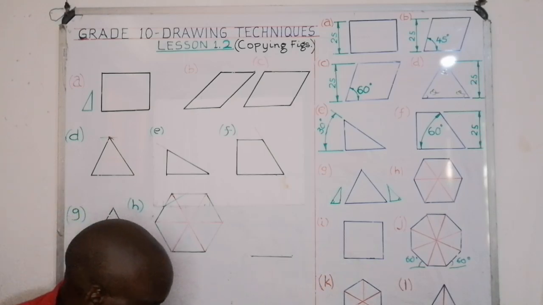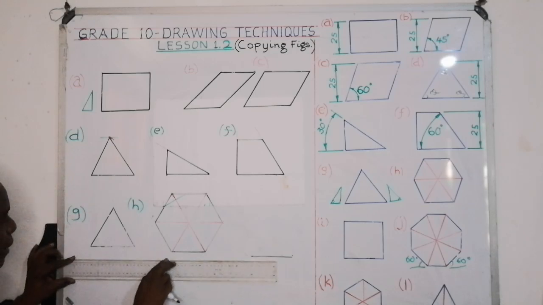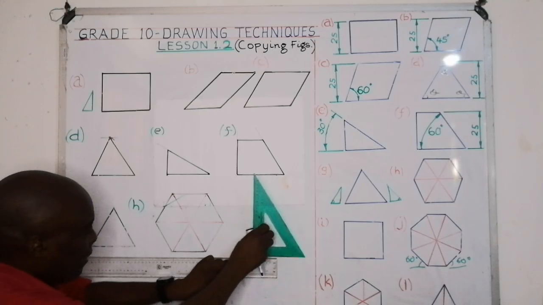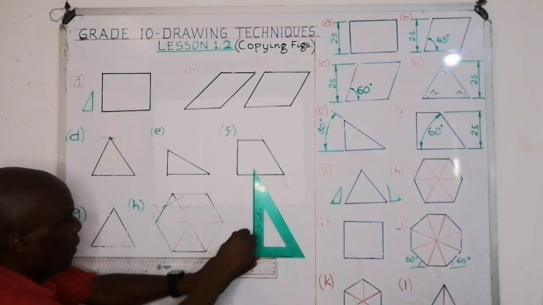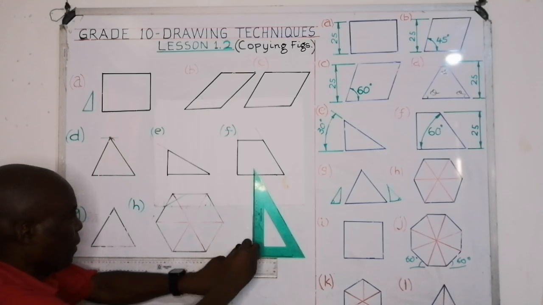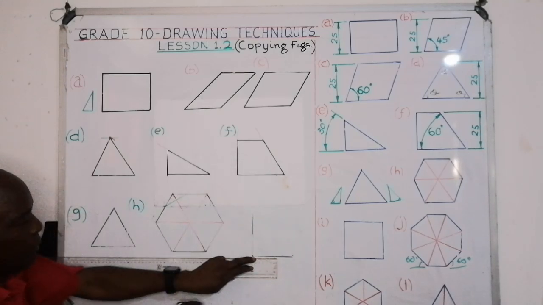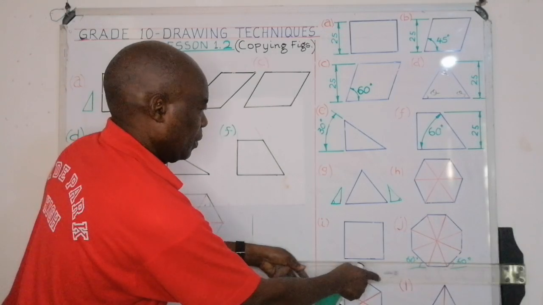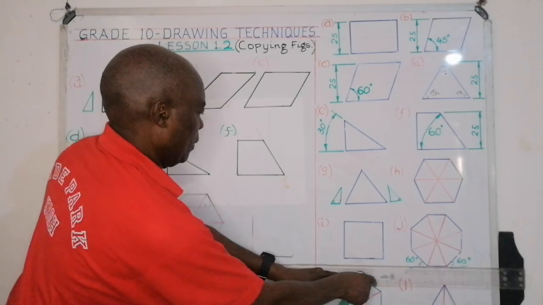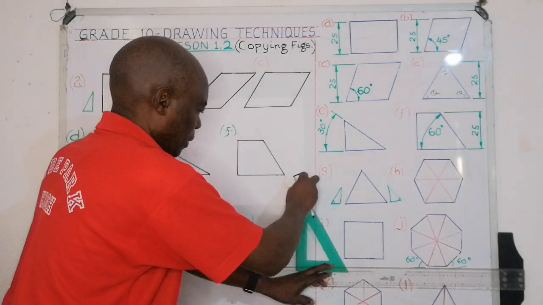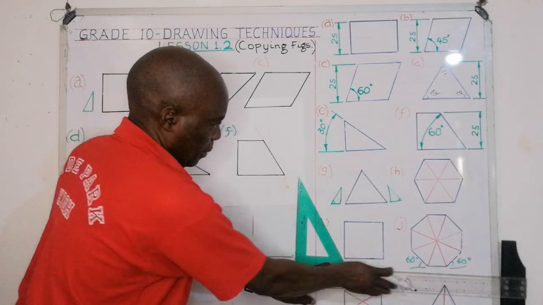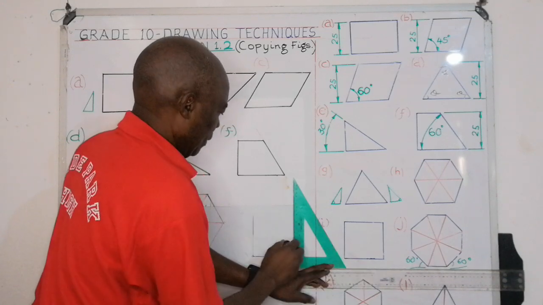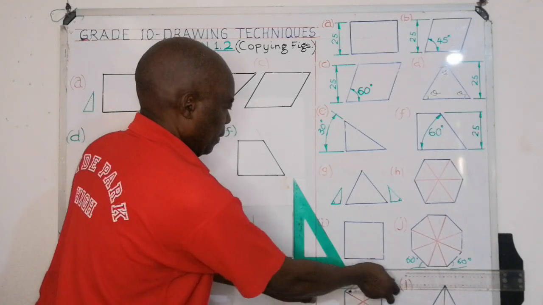So I construct lines from either end of the line vertically, like that. And also this side. Like that.